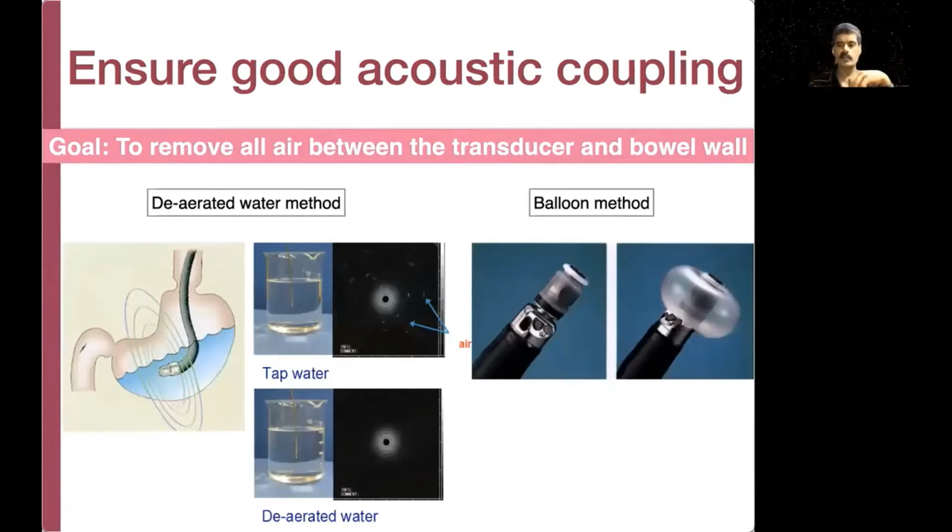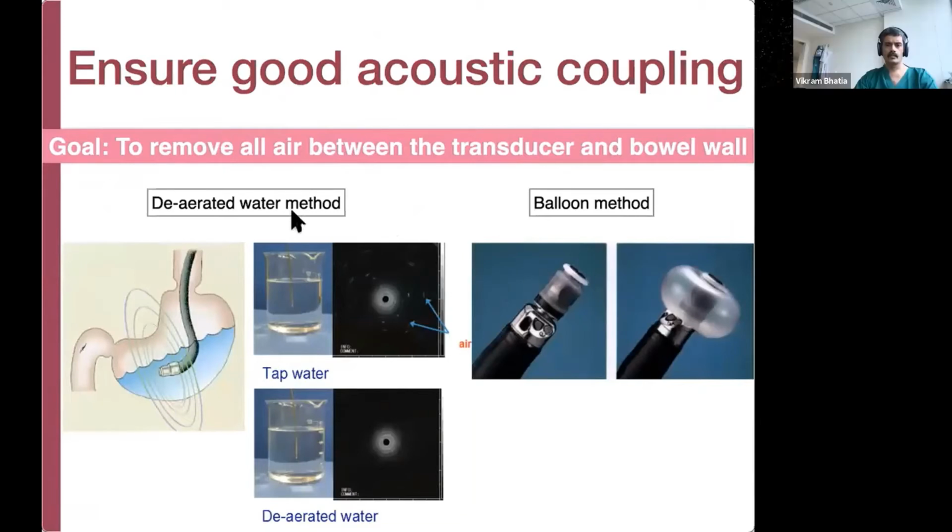So we use two methods. One is the de-aerated water method, where we use boiled and cooled water to remove any air bubbles from the water. It is inadequate to use tap water directly because the chlorine and other bubbles in it give very fuzzy imaging. So de-aerated water and sometimes distilled water are what we use to fill the lumen.